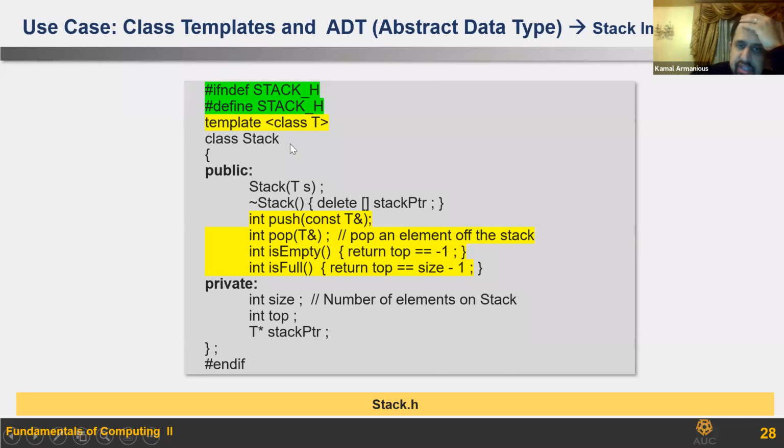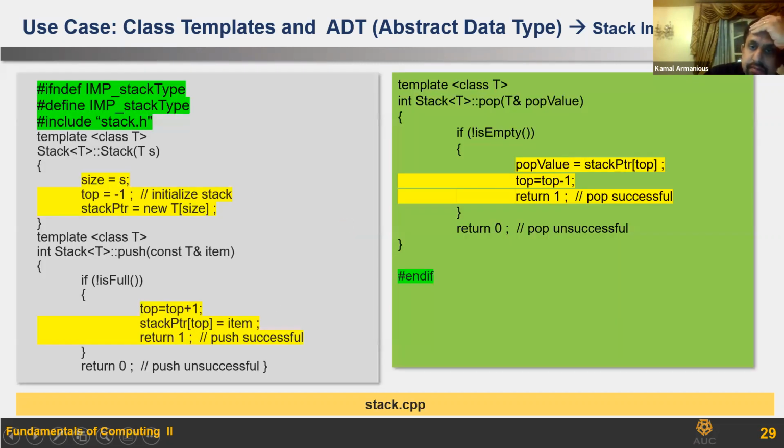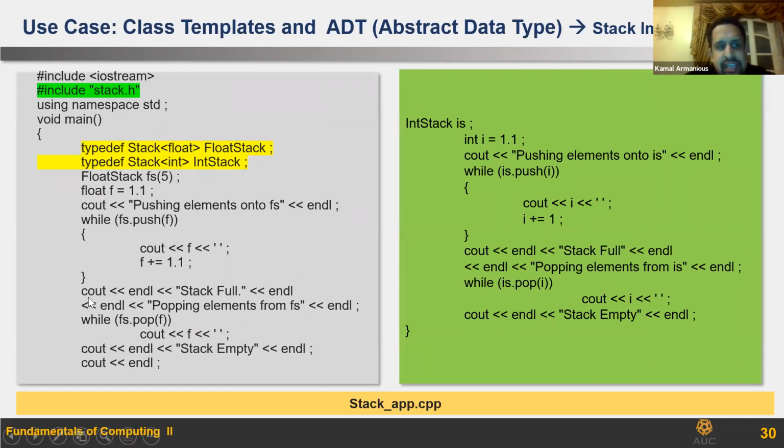So just don't bother about how we write a class template and stuff like this. This is simply a class that is called stack. And then from the main, I define a stack of float.